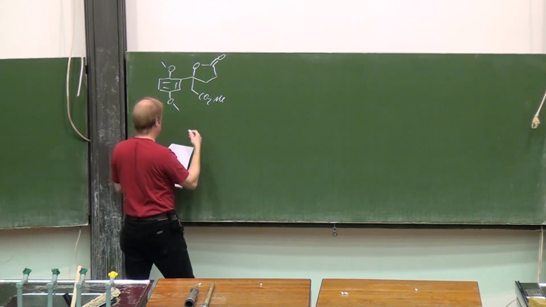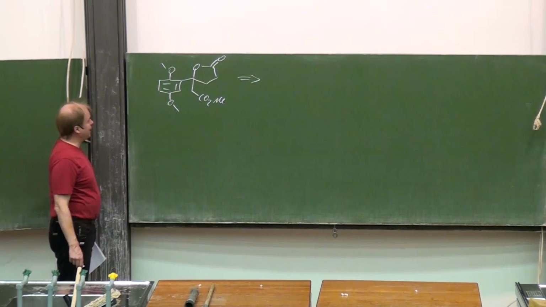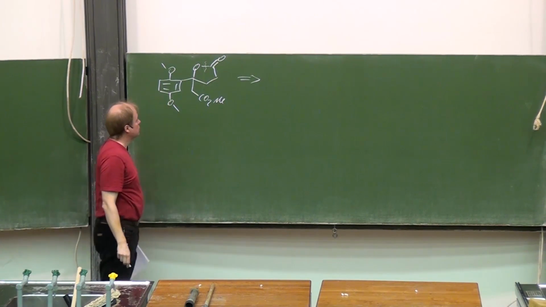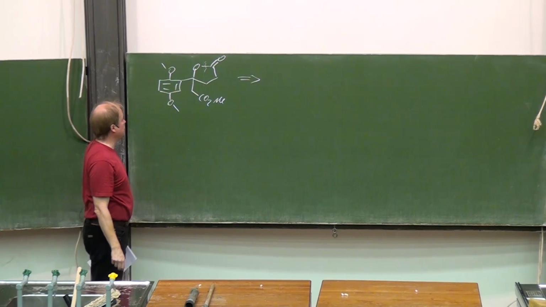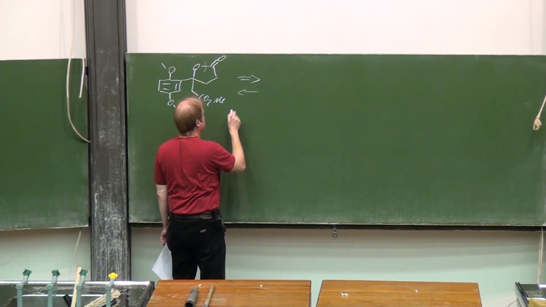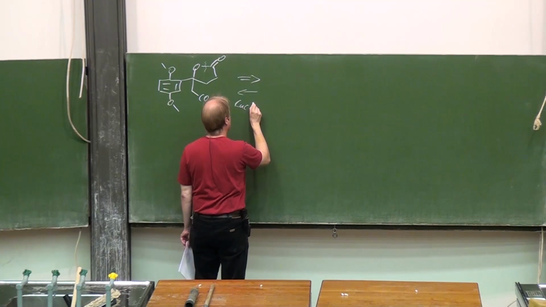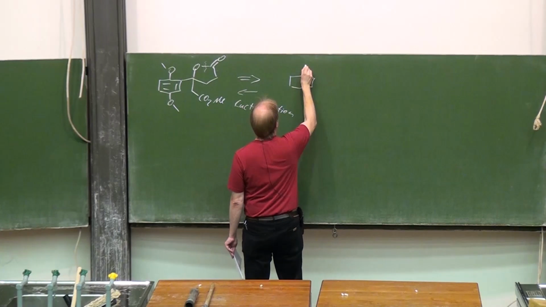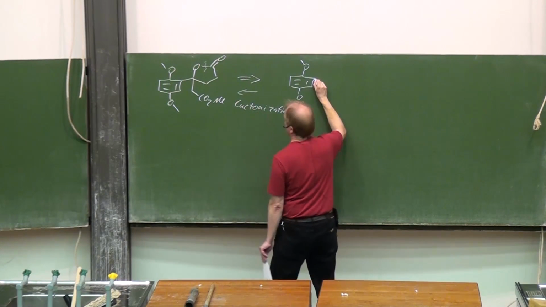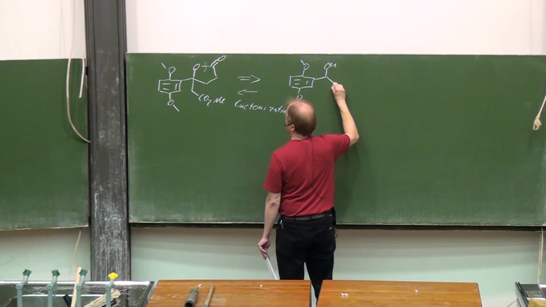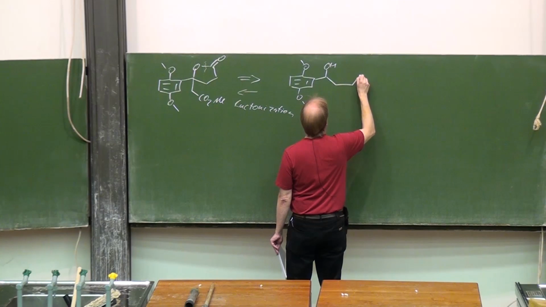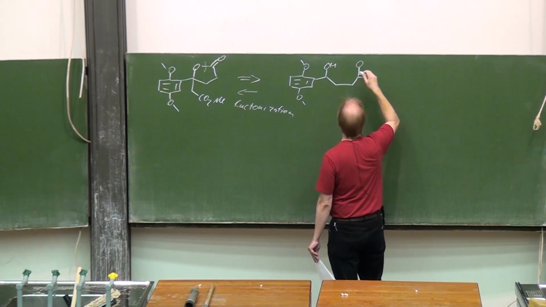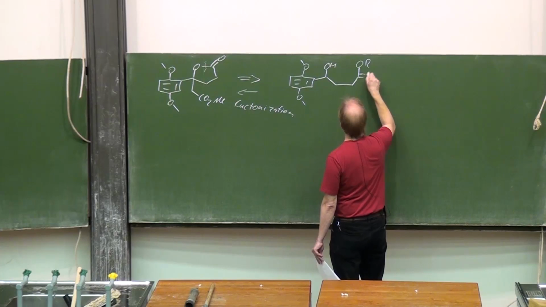Please think about how to synthesize this structure. When analyzing this target, it's certainly not a bad idea to try the first disconnection here, since electronization will certainly occur if you have an intermediary, either an acid here or an ester.